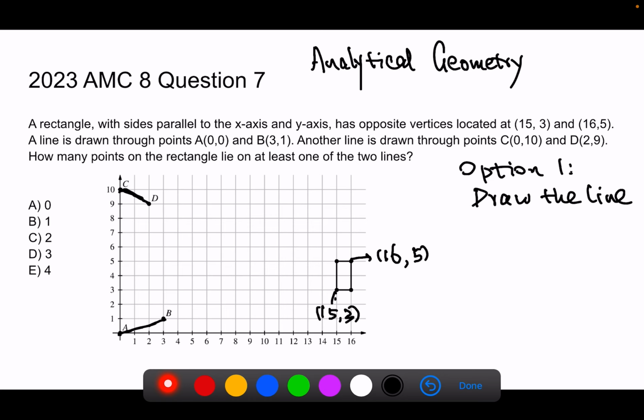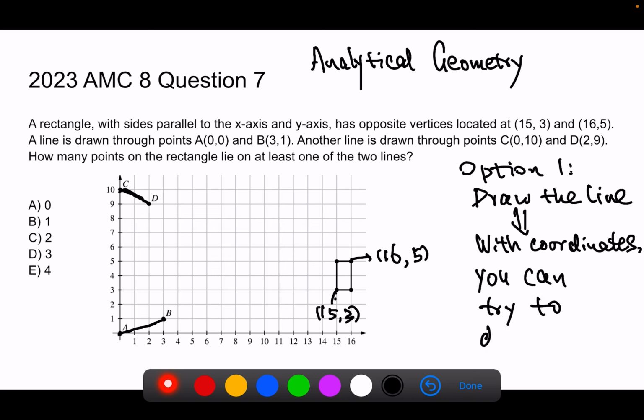So remember this: with coordinates, you can try to draw the line. In general, I don't recommend it, but if you have coordinates, you can give it a try.